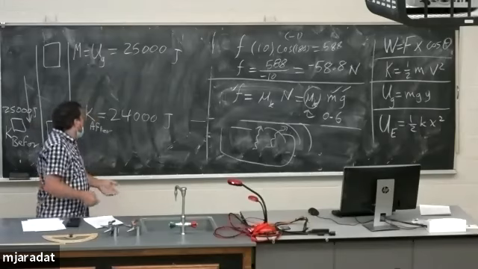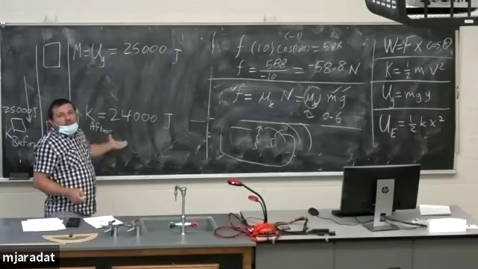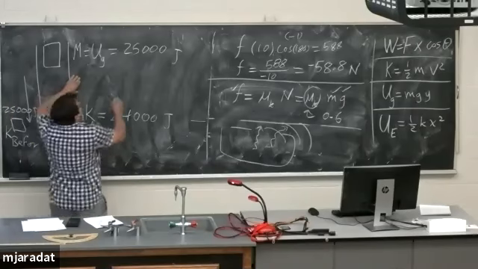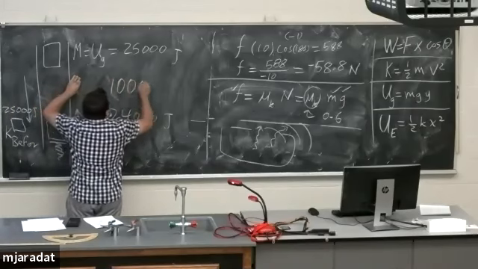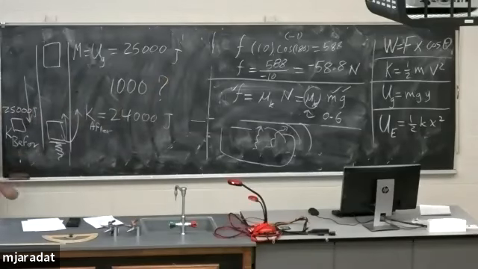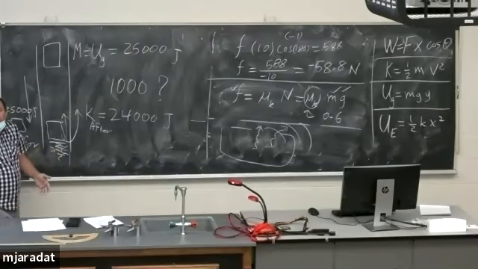I'm asking you, does our system conserve the energy? The answer is no, because we lost 1,000 joules. Where are these 1,000 joules? There will be heat in the spring body. Maybe there is a sound. Can you understand that?